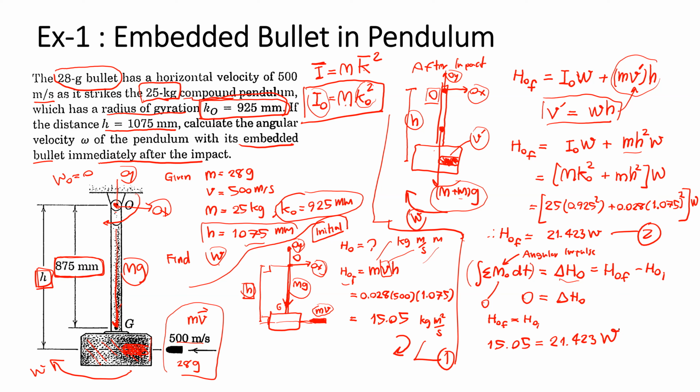We can solve for the initial omega after the impact, the numerical value, and yes, the direction of the omega will be clockwise. This is the first example.